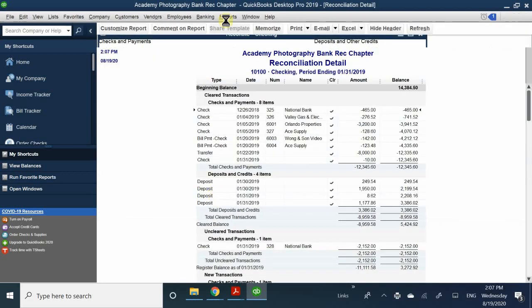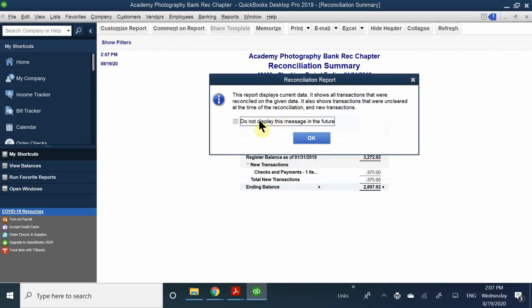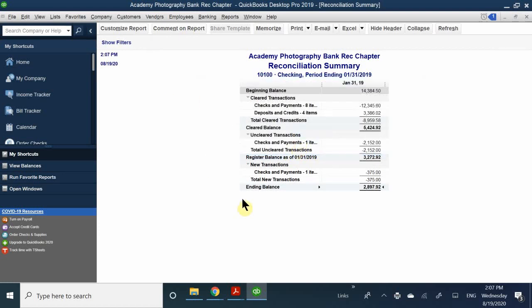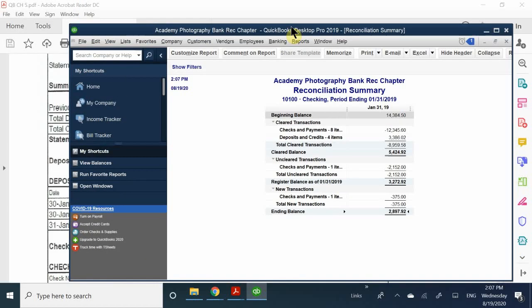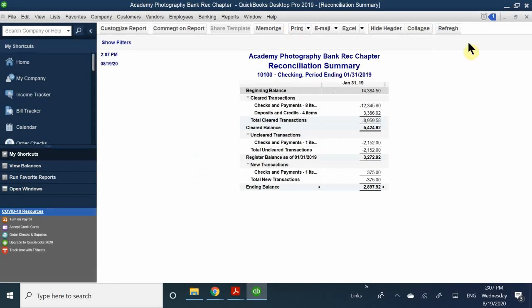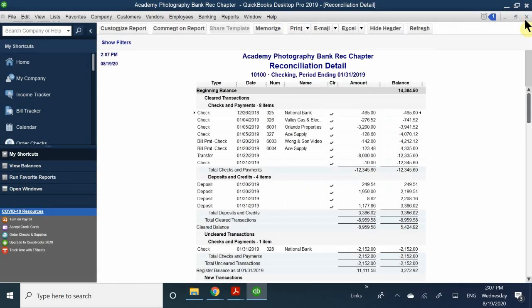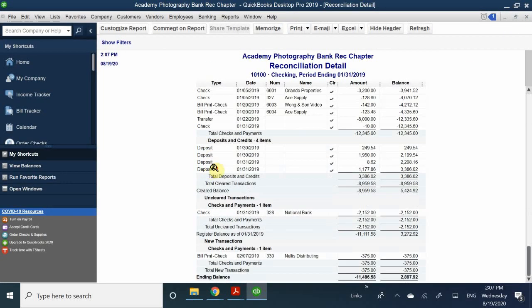Here's my report for my summary, and it says right here, this is what happened. I verified that all of my checks and all my deposits are done. So that is my very first report. I'm going to close that out, and here's my second report, the summary detail. It gives you details on what happened and what you did.